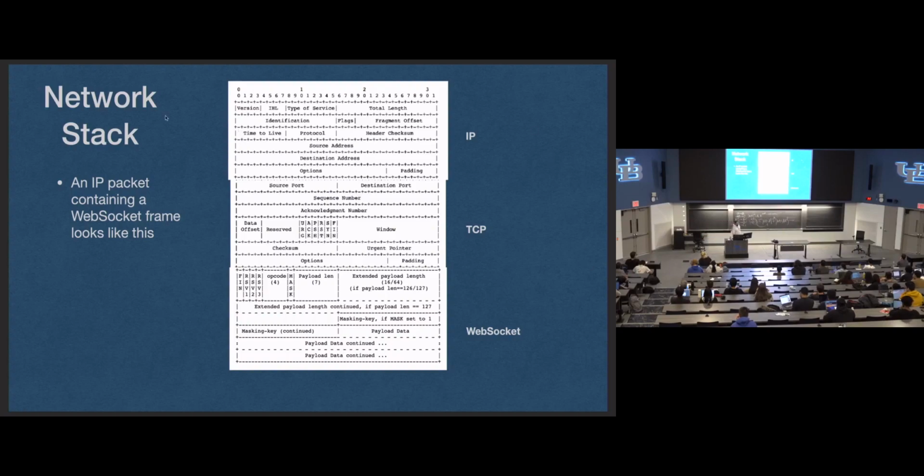The routers of the internet are going to read the IP headers. They're going to read all these bits, and then by the time it gets to a machine, IP's job is to get this packet to a specific device on the internet. That machine is going to ignore the IP headers and read the TCP headers to figure out which process to send this information to and how to reassemble the packets, how to get that information all together.